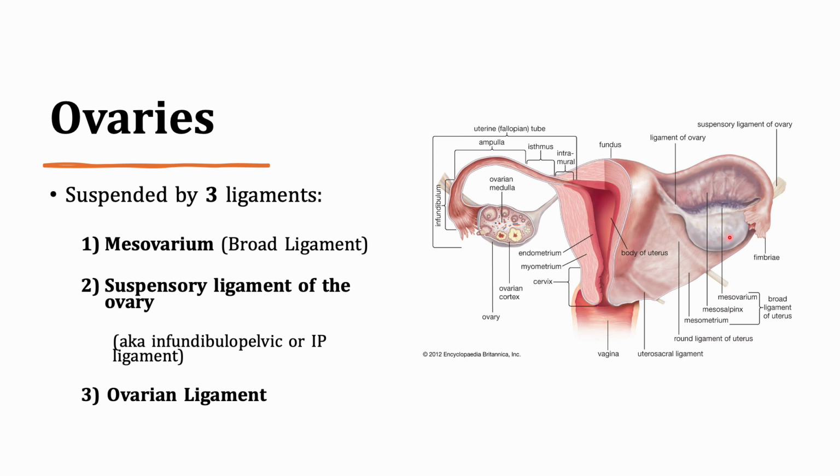You're going to hear me refer to it as the suspensory ligament of the ovary. And then lastly, we have the mesovarium, which, if we follow this arrow up, is right here. When we talk about the broad ligament, there are 3 parts to it, and the mesovarium is just one of them. We'll get more into it in a second.